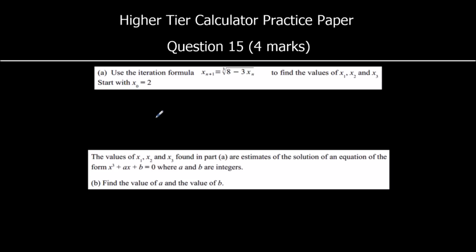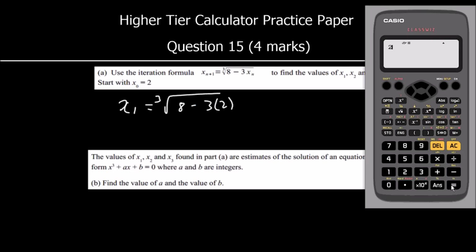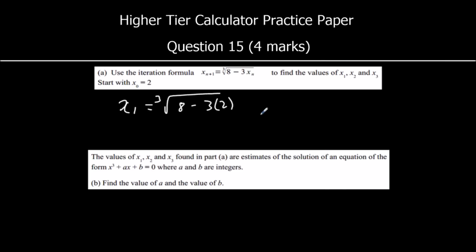And to find x3, we'll substitute in our answer for x2. So x1 is the cube root of 8 minus 3 2's. So press 2 so we can use the ANS button. Then the cube root of 8 minus 3 answers. So 1.2599.